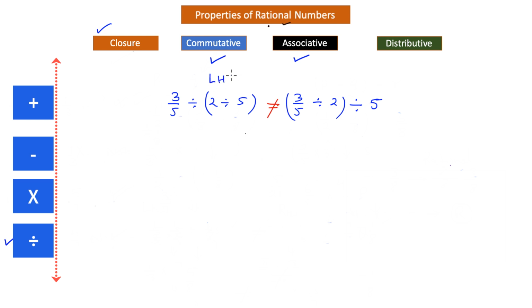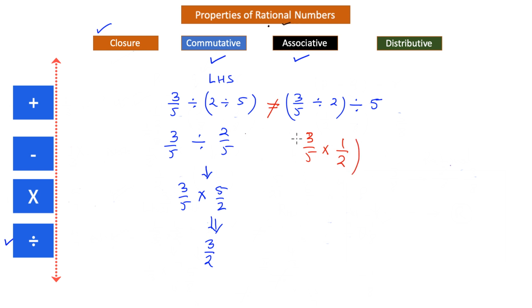On the left hand side, 2 is being divided by 5, so this will be 2 over 5, and this is my first number as it is. When you actually compute this, it becomes 3 over 5 times 5 over 2, and that will be nothing but 3 over 2, right? Now let's evaluate the right hand side. On the right hand side, you see that 3 over 5 is being divided by 2, so it will be 3 over 10.